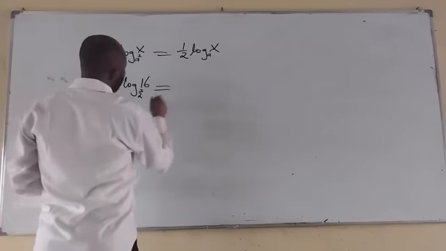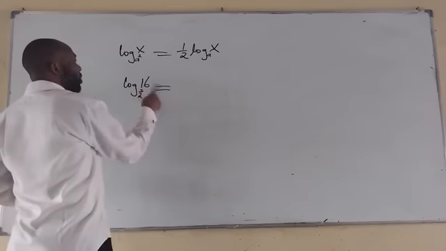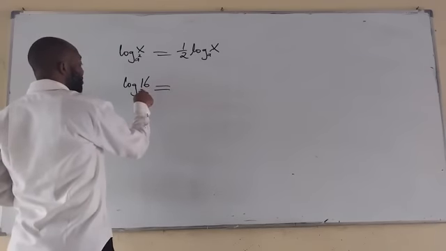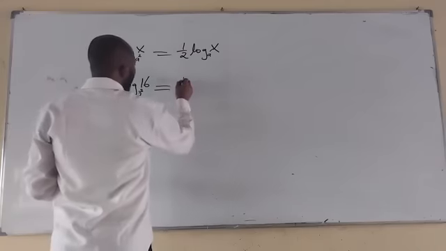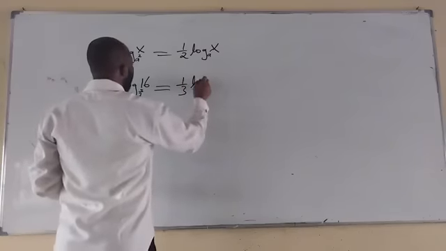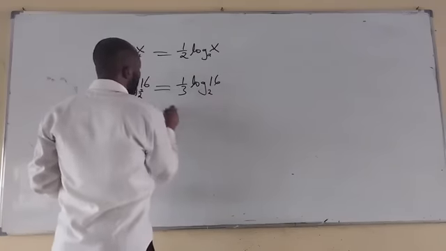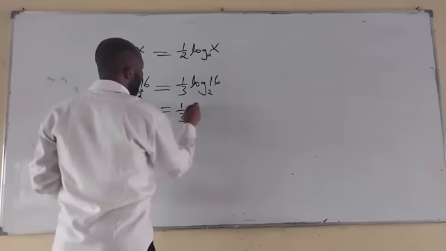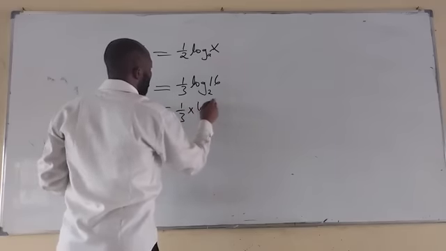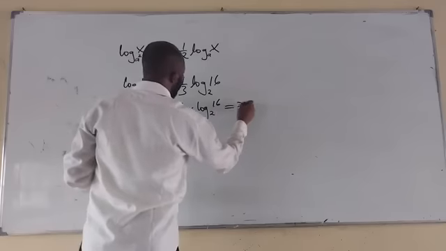So this is the power of the base, and the reciprocal of the power, which is 3, becomes 1 over 3. So this becomes 1 over 3 multiplied by log 16 in base 2. So this is 1 over 3 times log 16 in base 2 is equal to x.